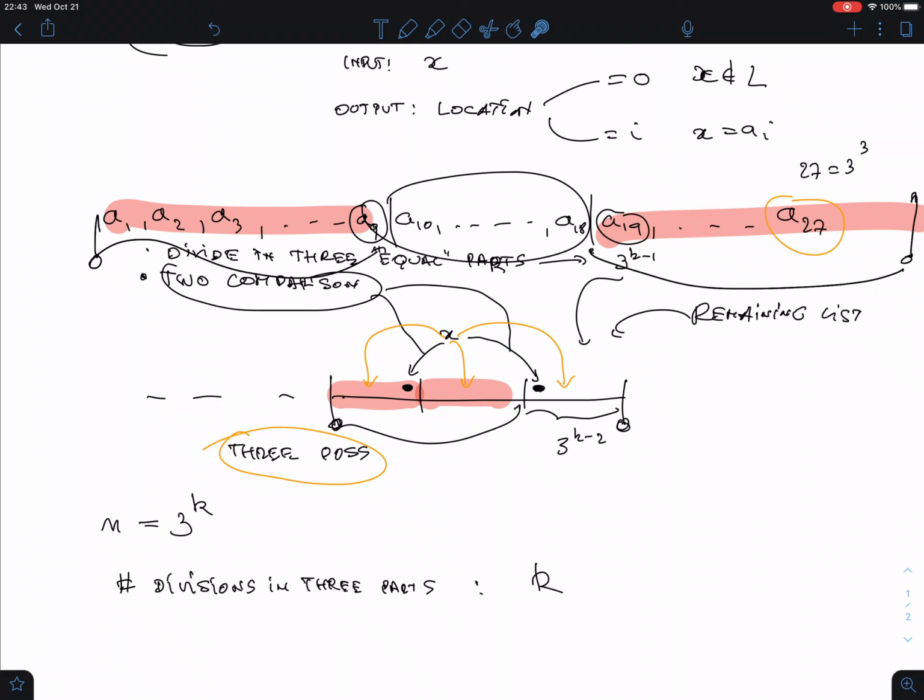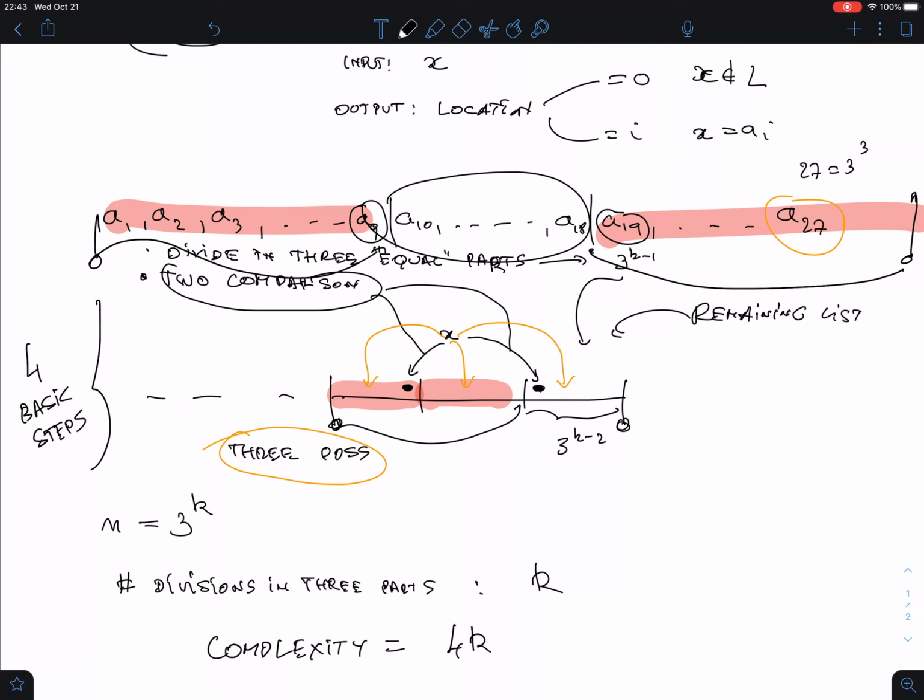That's 4 steps, let's say, and I do this k times. So all in all, these are 4 basic steps, and I see that the complexity is 4k. Now that's the bulk of the thing. Remember, once I can no longer divide, I have to do a few more things.